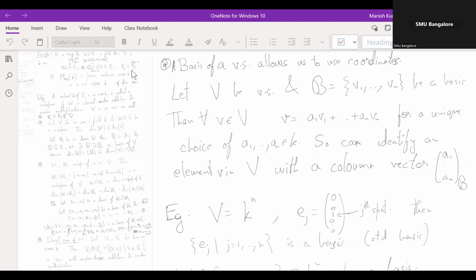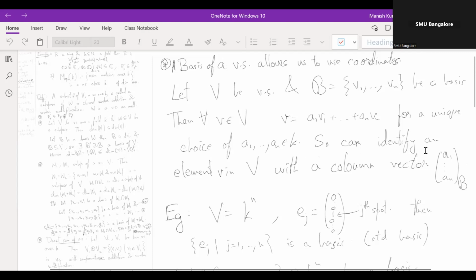So let V be a vector space and let v1 to vn be a basis of V. Then every v you can write as a1 v1 up to an vn, and these a_i are in fact unique. There is no choice involved. The vector v determines a1 to an. That is one of the characterizing properties of a basis.